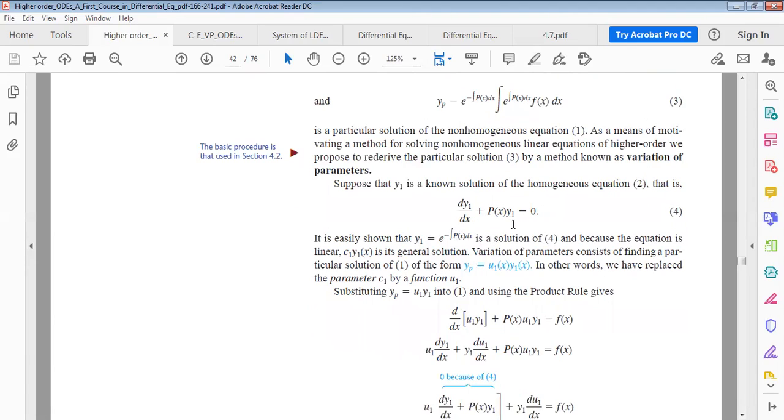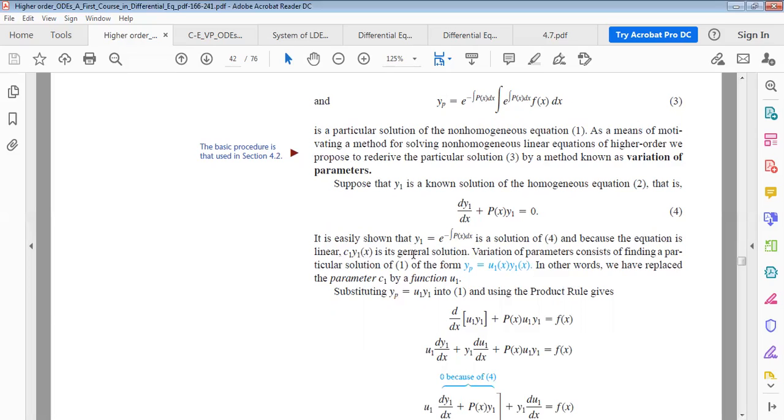In our previous lecture on linear differential equations, you must know about this. y1 equals e to the power of minus the integral of p, where p is the coefficient of the dependent variable here. So it is a solution, and because the equation is linear, c1 y1 is a general solution.